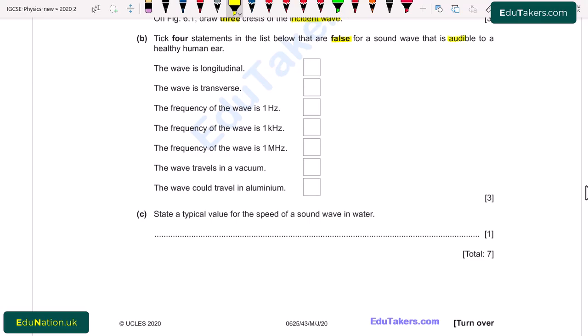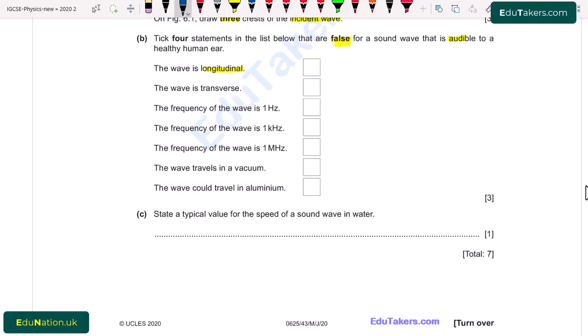We have to tick the false statements for the sound waves that can be heard by the healthy human ear. First of all, the sound wave is longitudinal. We know that the sound wave is basically longitudinal. It's a correct statement. So, in this case, we have to tick the false one. So it's not correct, we don't tick it.